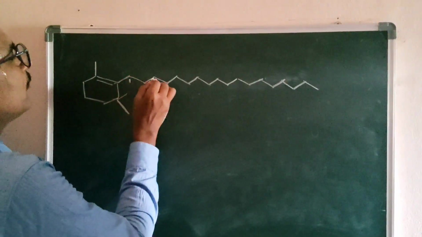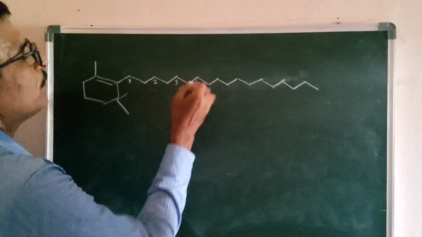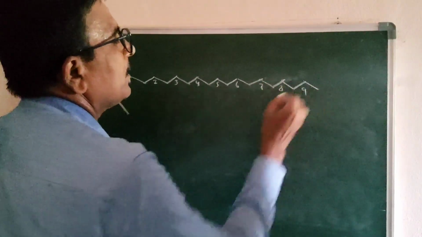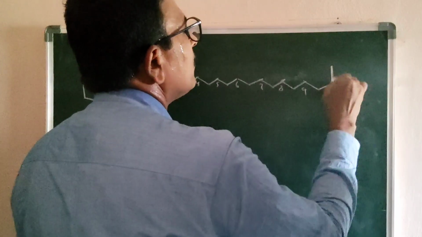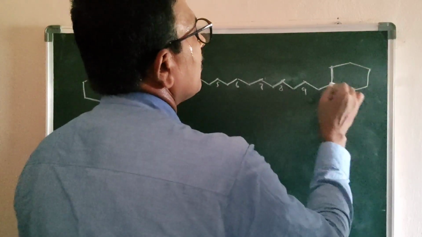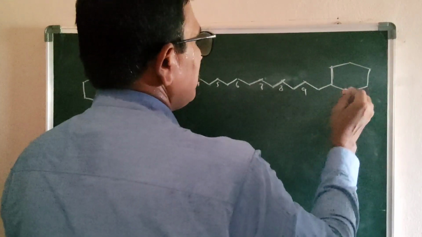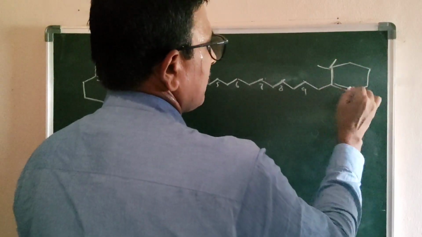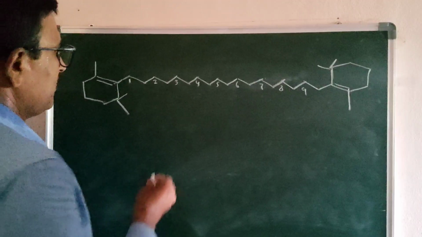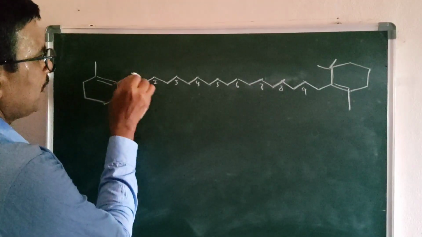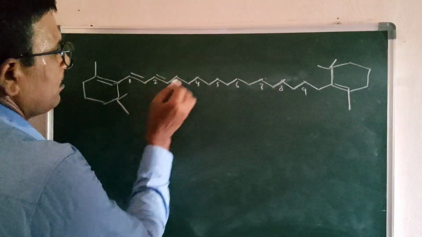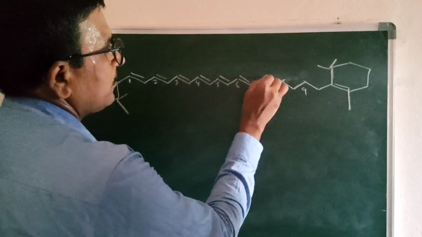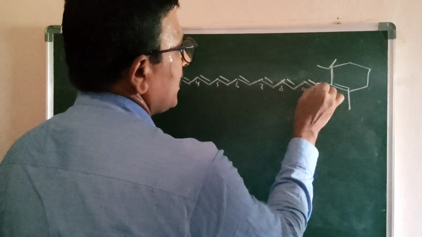This is 1, 2, 3, 4, 5, 6, 7, 8, 9. Now the conjugated double bonds. One double bond here, second double bond, third, 4, 5, 6, 7, 8, 9.